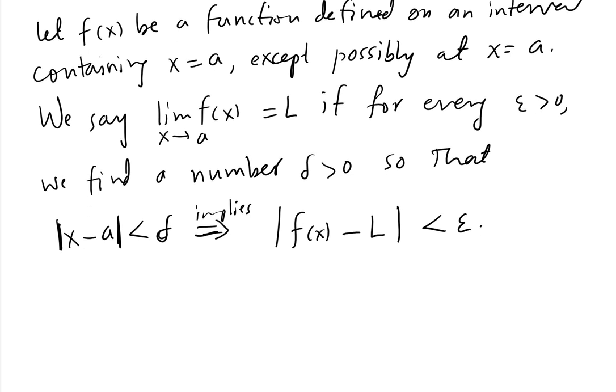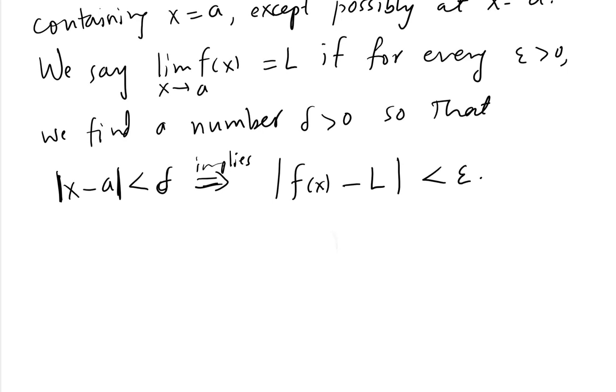So that's really the precise definition of the limit. We said the limit as x approaches a of f of x equals L if for every epsilon bigger than 0 we find a number delta, a very small number bigger than 0, so that if the difference between x and a is less than delta, then the difference between f of x and L is less than epsilon. Well, what does this mean here?